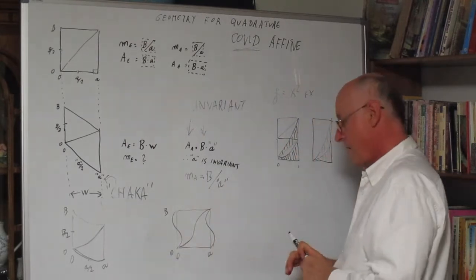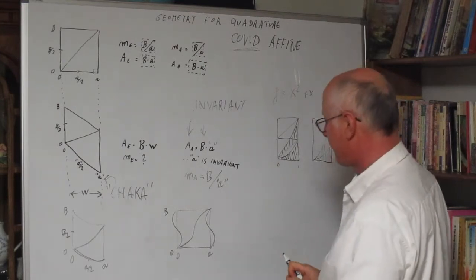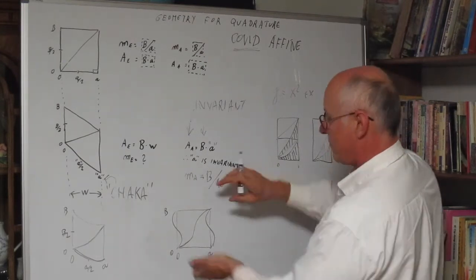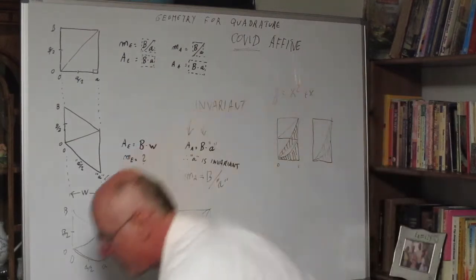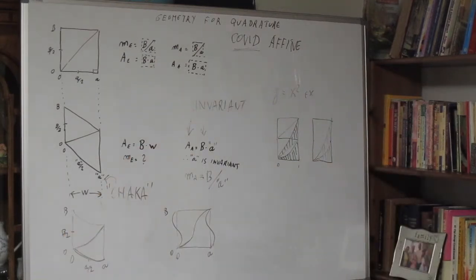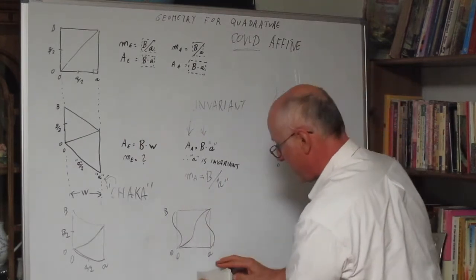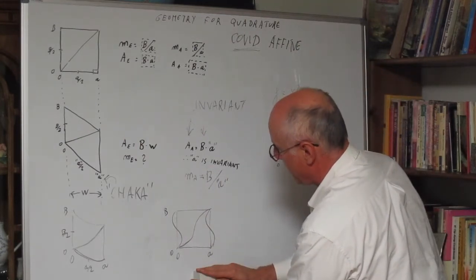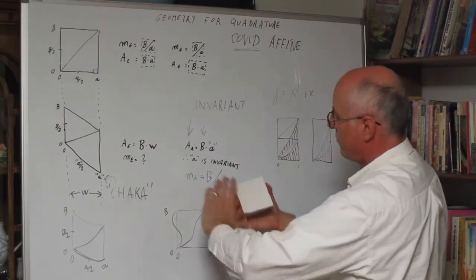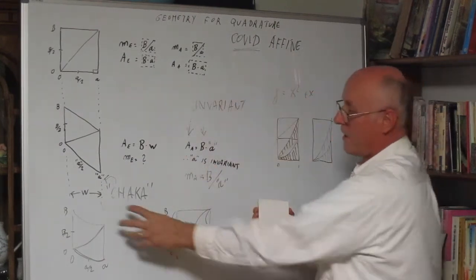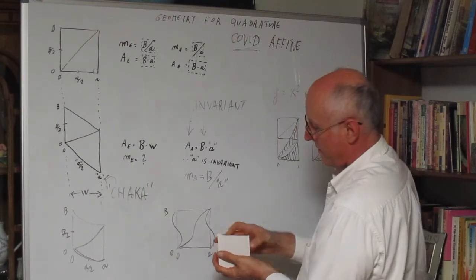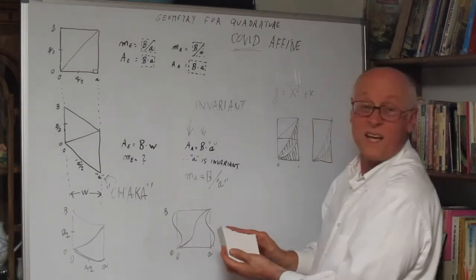Okay. Now, let's do a rotation the other way. What happens if you take this and now you do some kind of a shift like this, right? Can you do that?